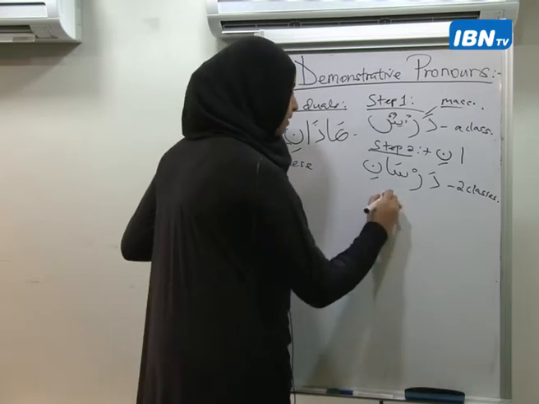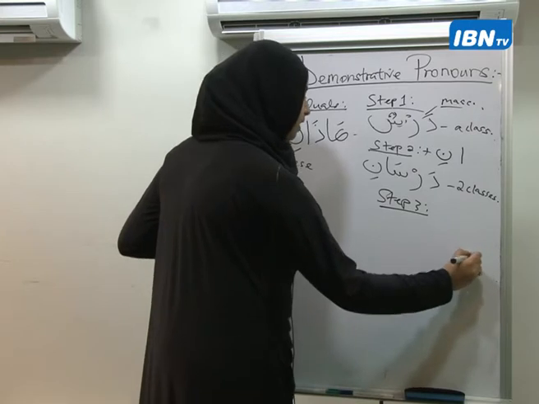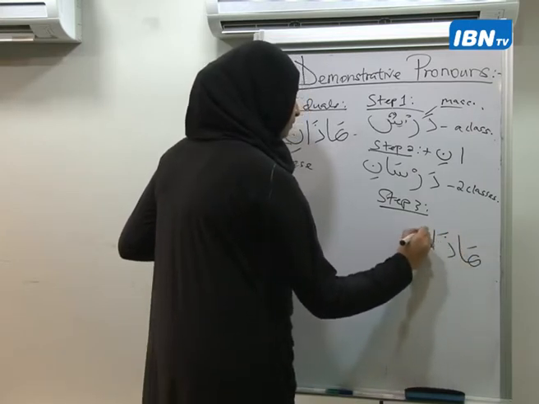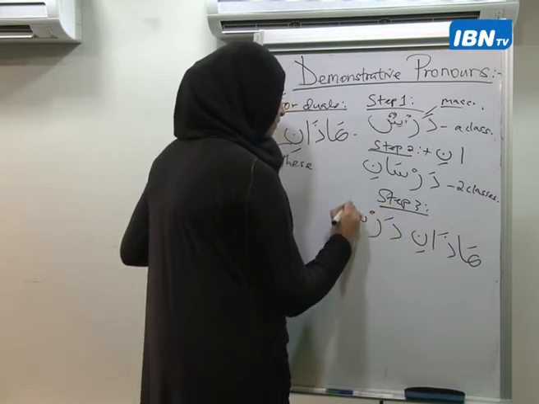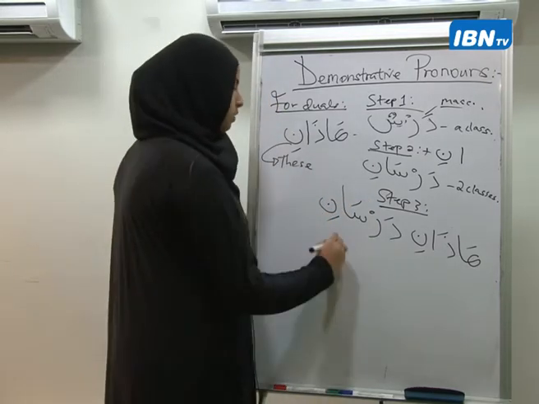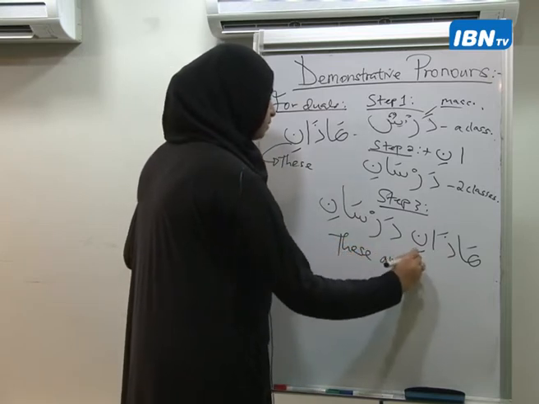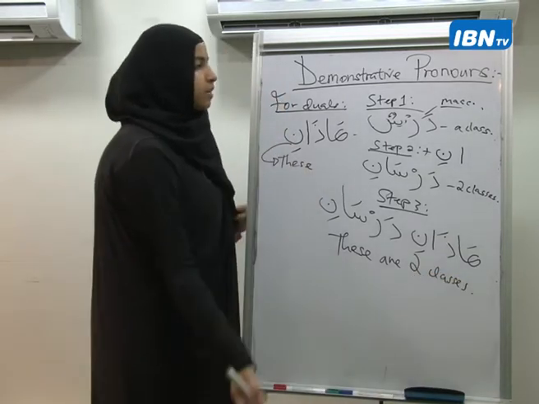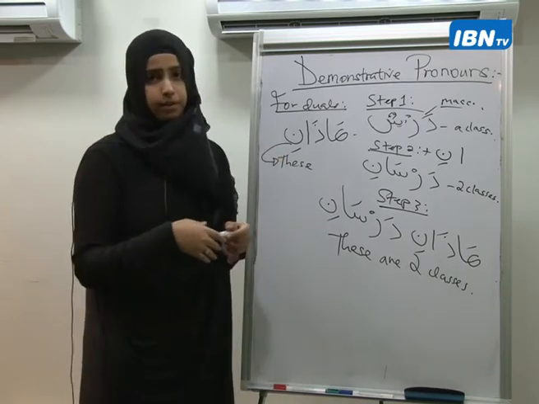So I'm going to say the last step, hadani darsani, which means these are 2 classes. Right? So we are done with the masculine dual.